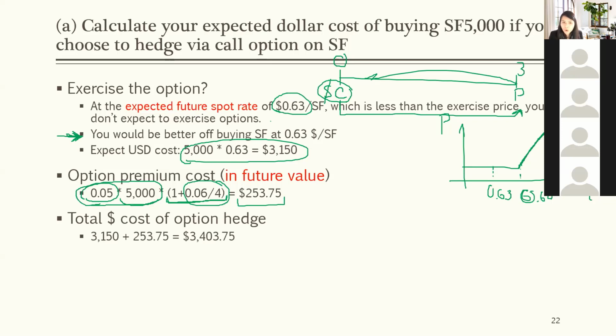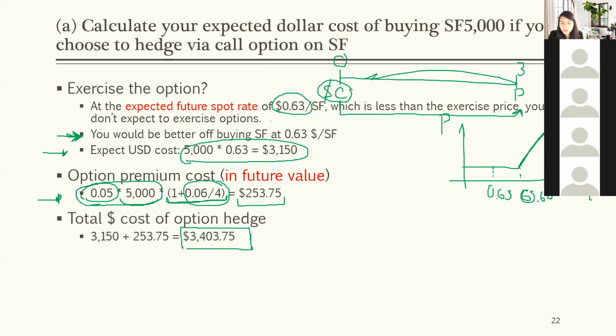Which means that the overall cost of option hedge is going to be the sum of the expected cost and the option premium cost. So overall, it brings me to 3,403.75 USD, okay?